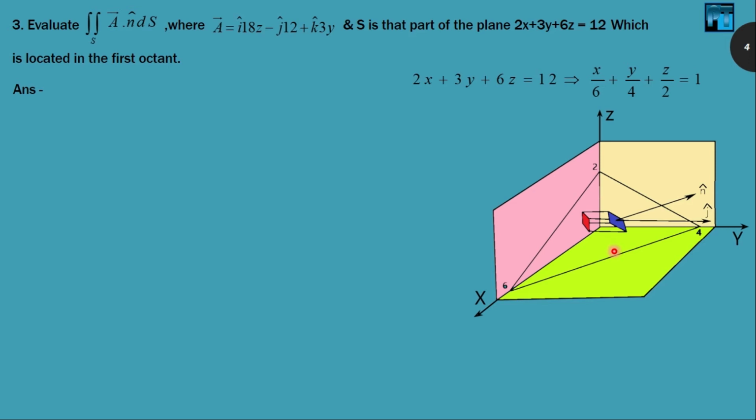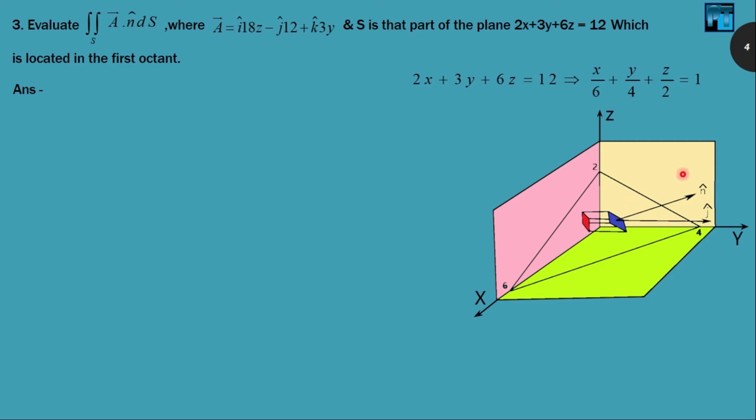Now here you have 3 projection surfaces to deal with. I have done the projection on xz plane. You can have the projection on this lower plane, that is xy plane, and the plane to the right side, that is yz plane.